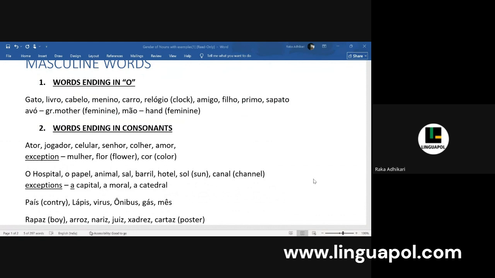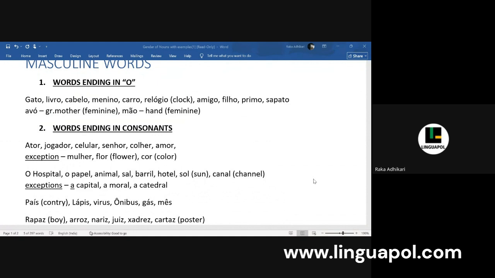We can say that any word ending in a consonant can be B, C, D, G, F, anything, but we don't have any word ending in G or D. Mostly the endings we have are the letters R, L, M, Z, and so on. So we will look at the common endings. Whatever words end in a consonant are all masculine words.